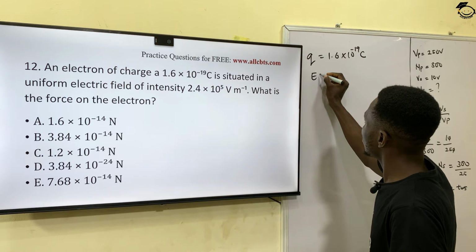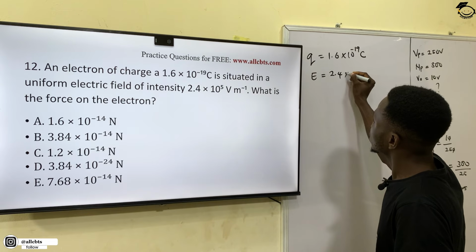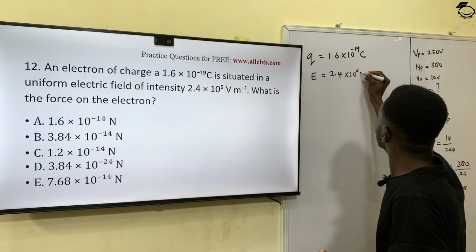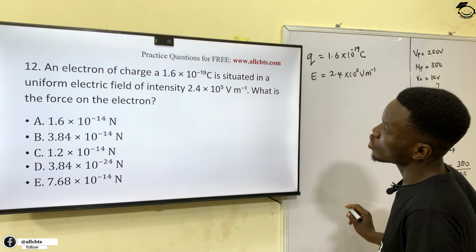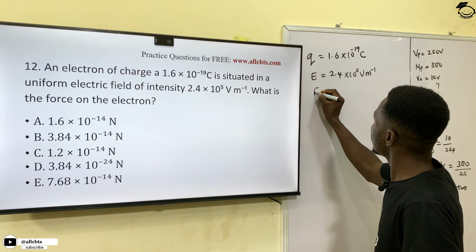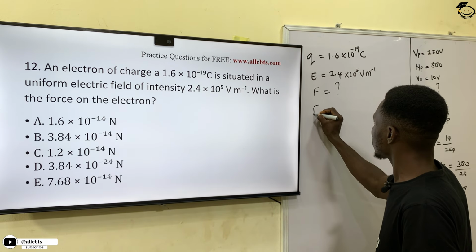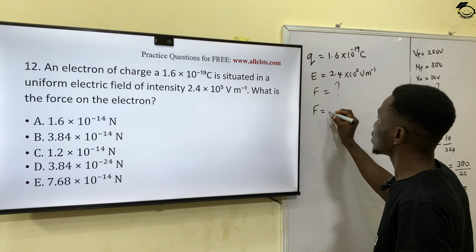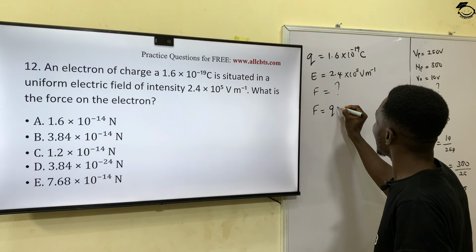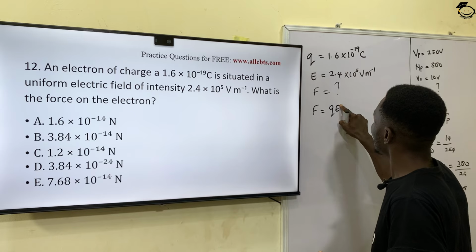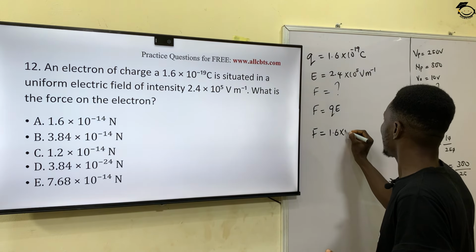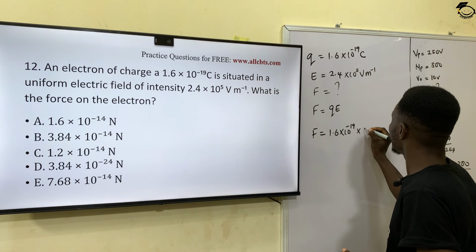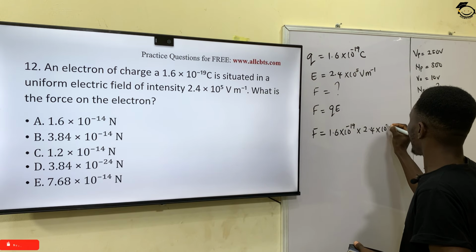So we're given the intensity of the field as 2.4 times 10 raised to power 5 volts per meter. What is the force on the electron? So the force is unknown. And we know that the force in an electric field is equal to the charge times the electric field intensity. So this means that my force is equal to 1.6 times 10 raised to power minus 19 times 2.4 times 10 raised to power 5.